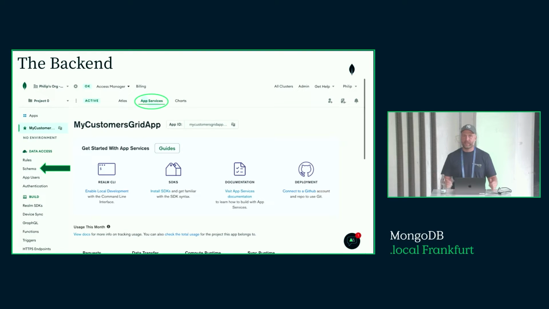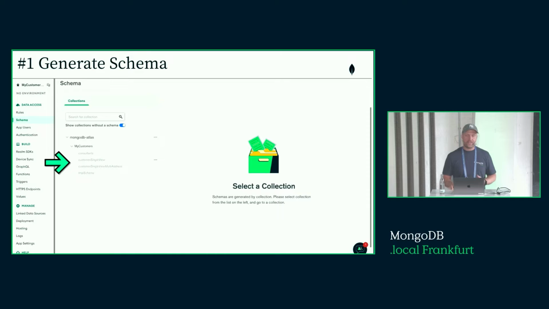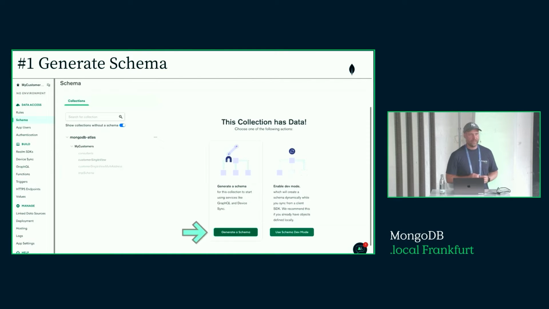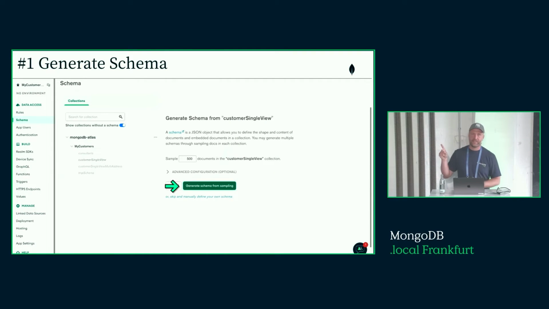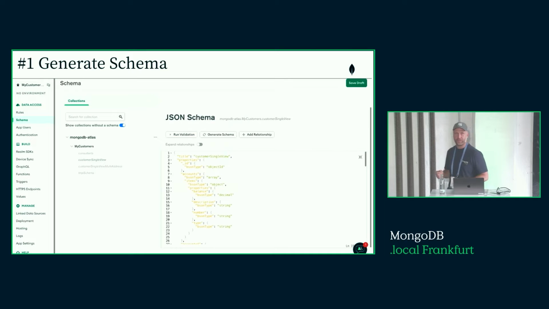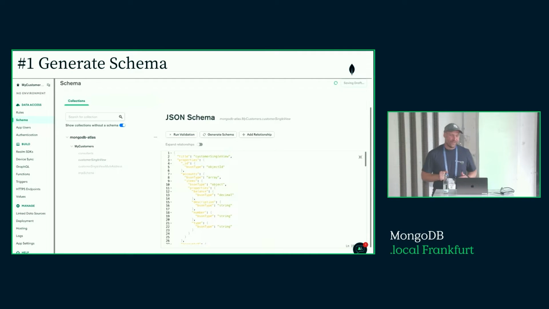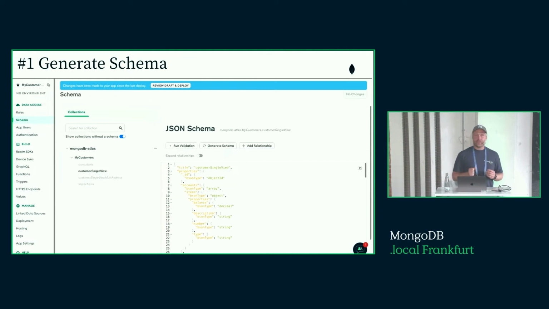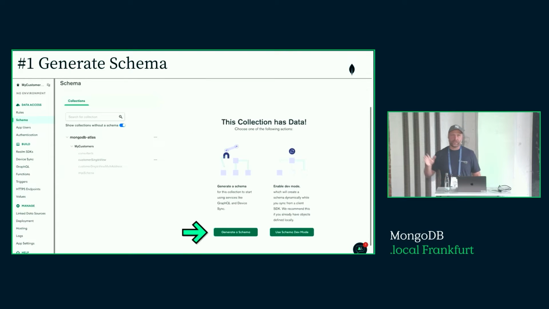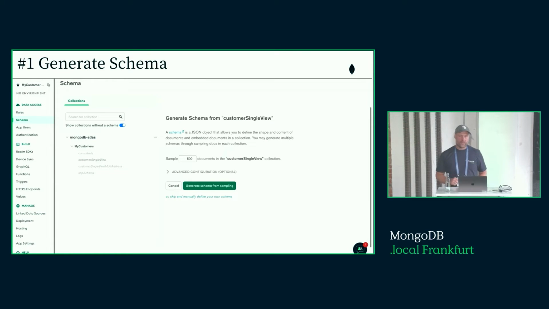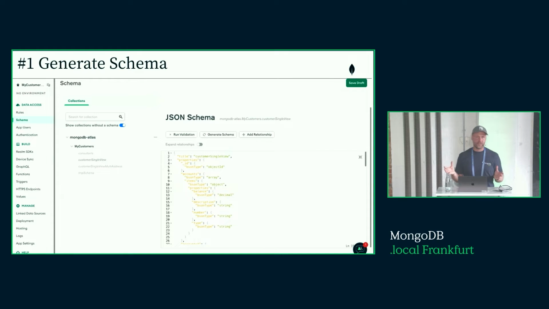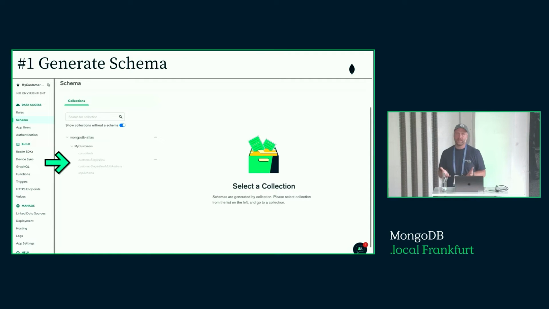And you wonder how difficult it is to create a schema here. I created a little looping video, and I needed to loop it because it goes so fast that you need to see it multiple times. First, you just select your collection. This collection is called Customer Single View here. Then you scan 500 random documents inside of it, and it creates a JSON schema by just scanning the documents in your collection.